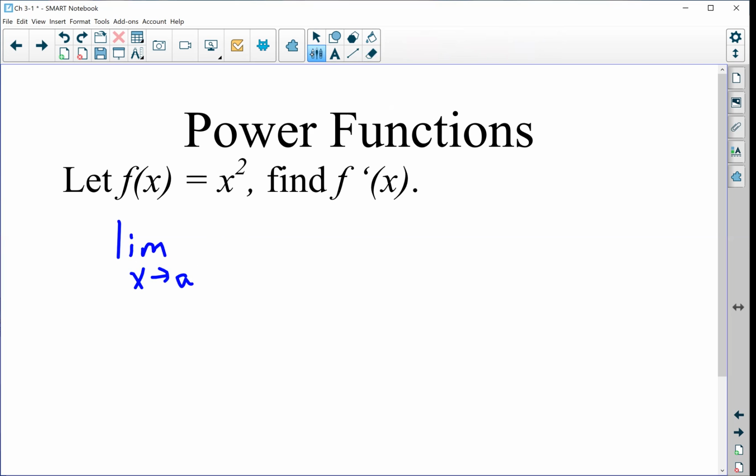So limit as x approaches a for x squared. Take f of x minus f of a all over x minus a.